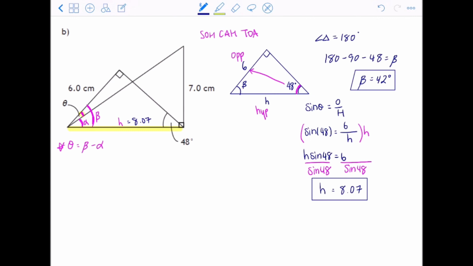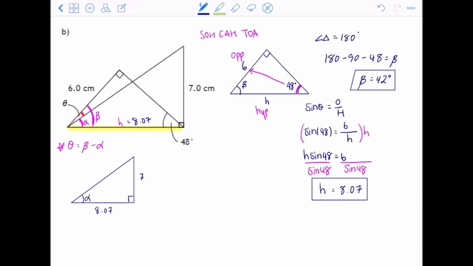Now we can solve for alpha. Let's set up the second triangle here. This is alpha, this is 8.07, a right angle here, and this is 7 here.